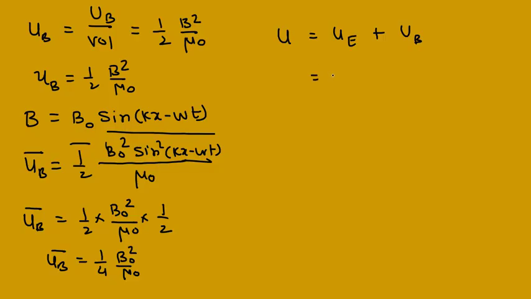So U is equal to, we know, 1 upon 4 epsilon naught E naught squared plus 1 upon 4 B naught squared upon mu naught. And this will give us the total energy density.